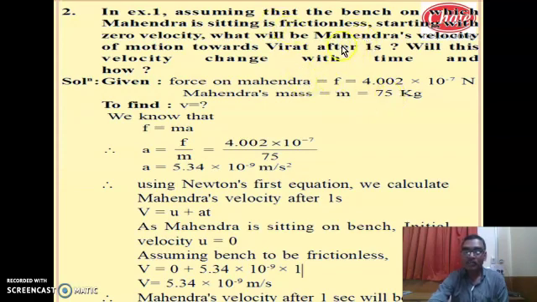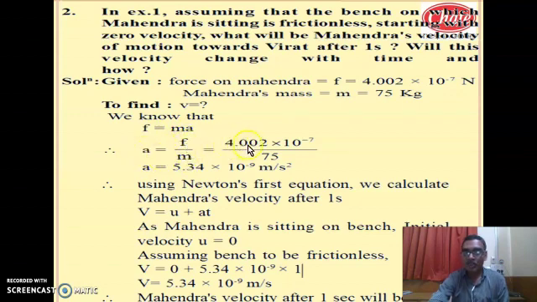What do we have to find in this problem? Velocity. And further we have to conclude whether this velocity changes or not. Based on this force and mass, we readily get the acceleration. As we know, F equals mass into acceleration, hence acceleration equals force by mass.